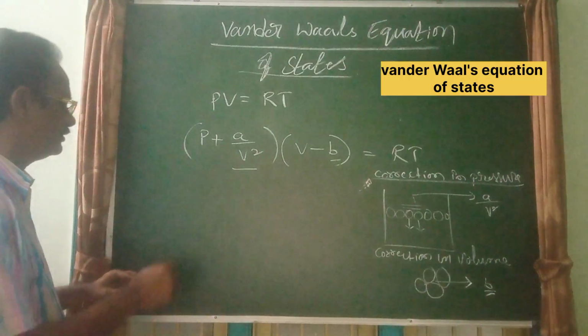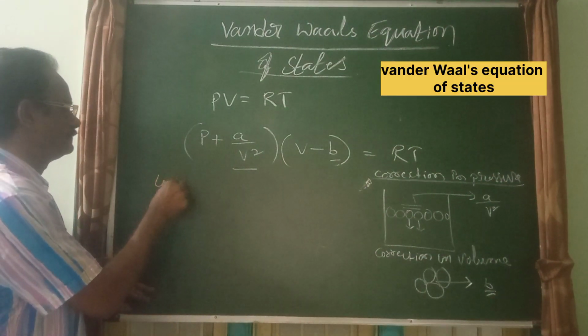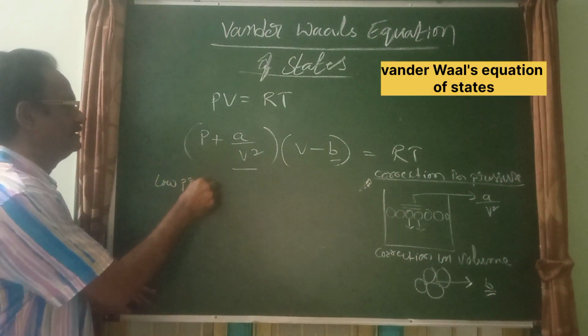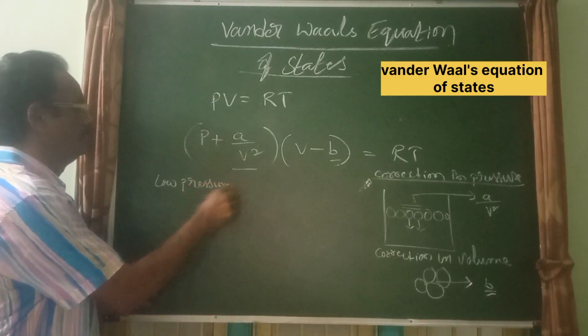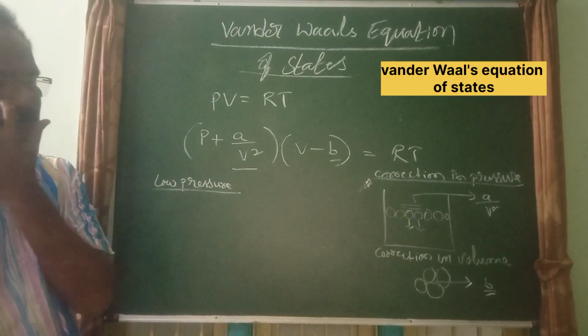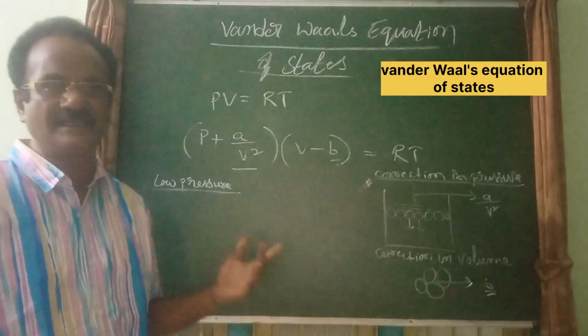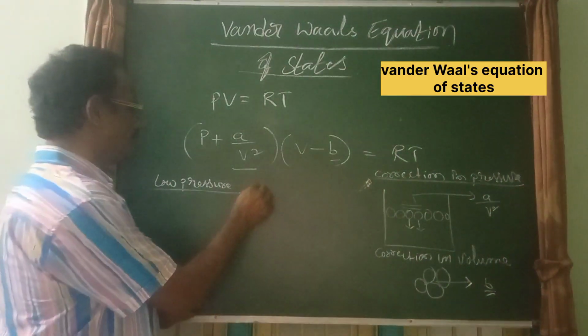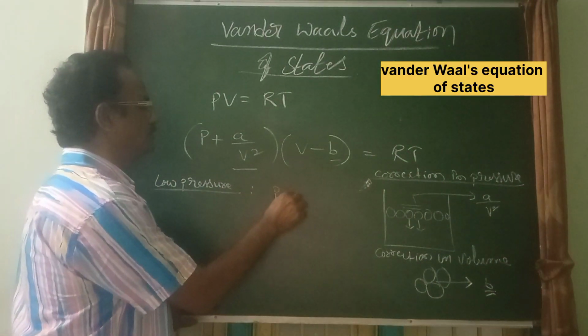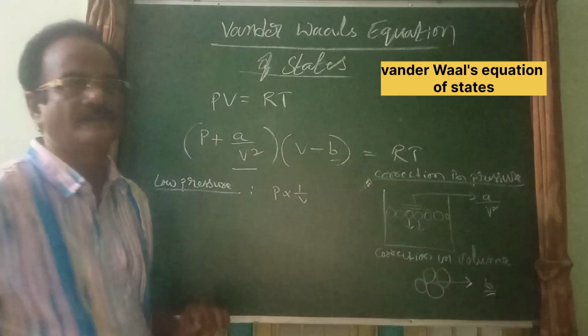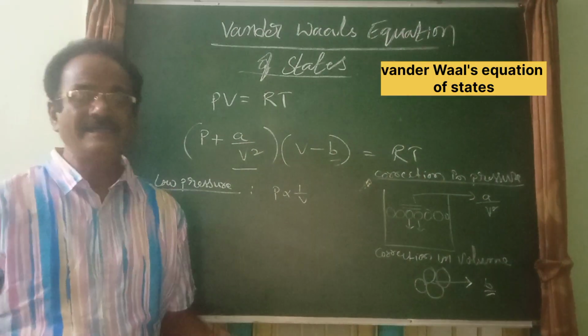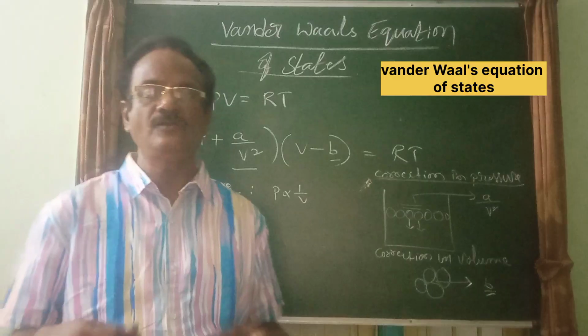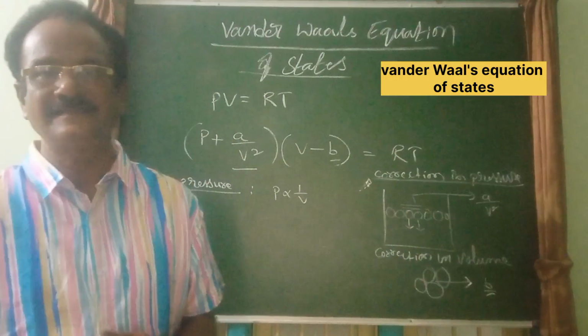Okay. So when you consider low pressure, this is one condition. How can we consider the Van der Waals equation of state at low pressure? Here we know the relation P is proportional to 1/V. So when pressure is very low, volume is very high. Is it clear?